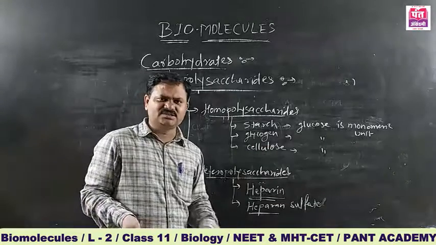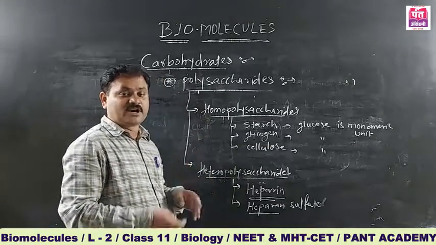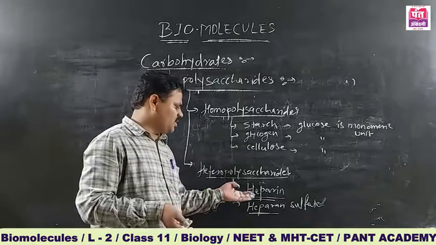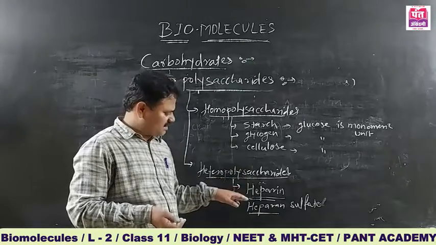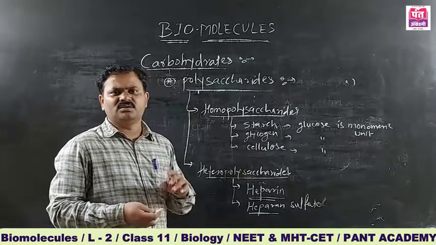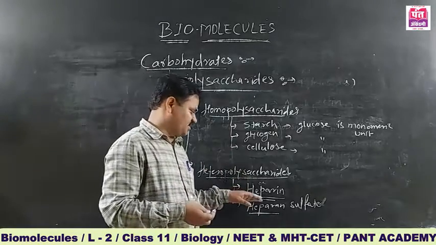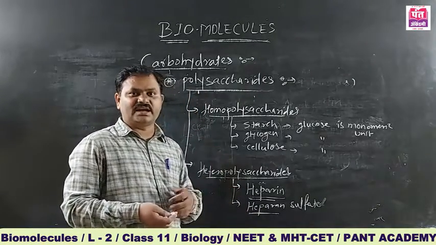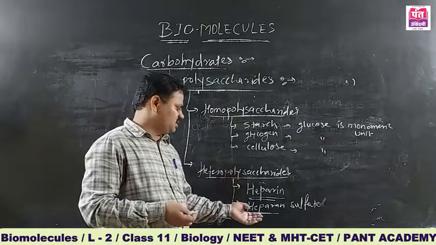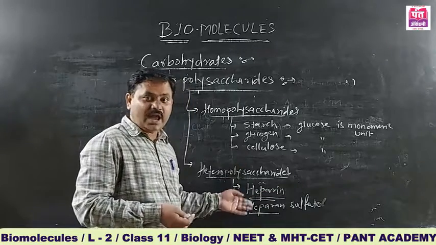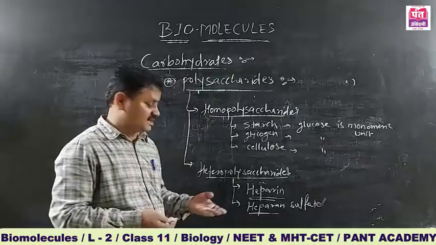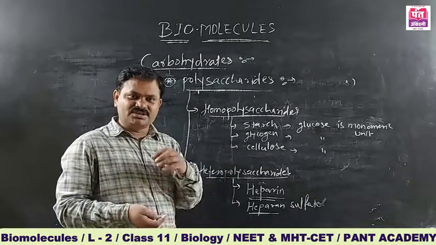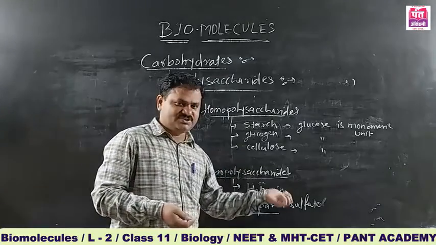Heteropolysaccharides are present in different types of cells in different forms, and therefore we cannot define exactly which monosaccharide units are present. There are a large number of them. Maybe they contain fructose, glucose, galactose, and many other sulfated sugars and amino monosaccharides. So modification of the monosaccharides is there in heteropolysaccharides.